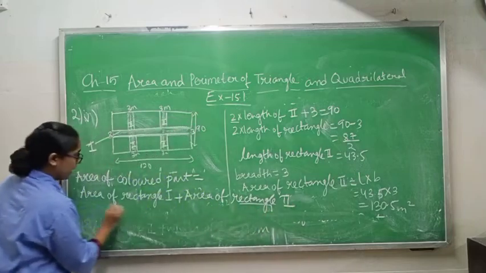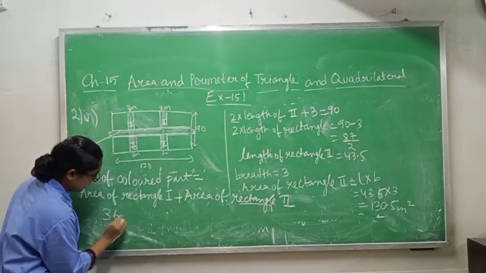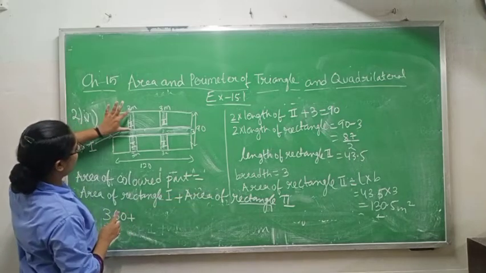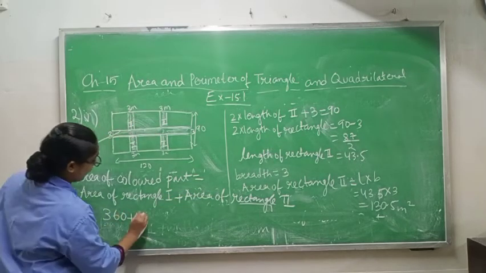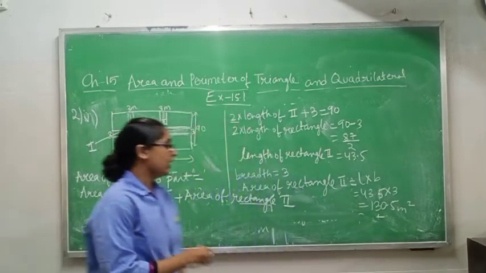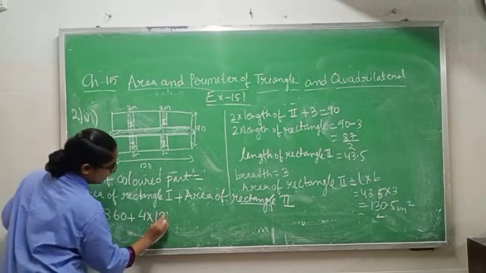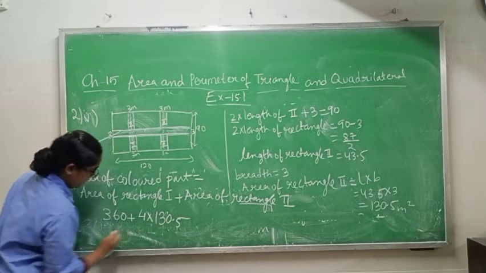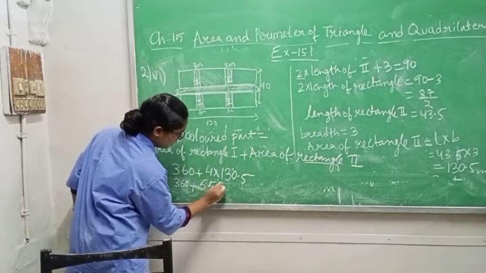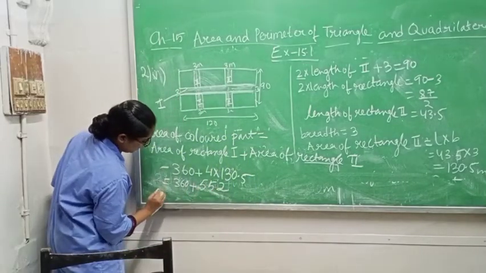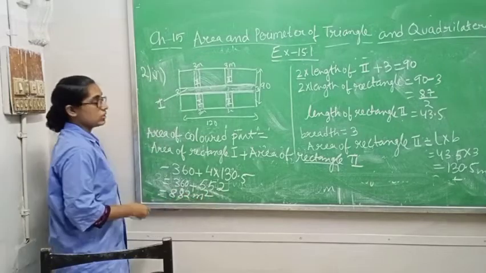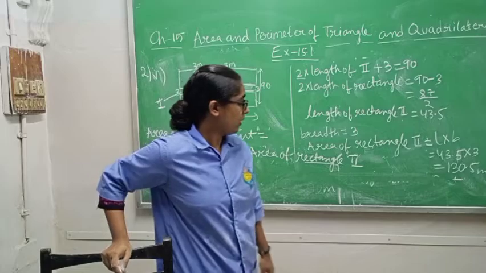So area of rectangle 1 you are getting 360 in the first line only. Area of rectangle 2: how many rectangles are there? 4. So you have to write 4 into, and area of each rectangle is 130.5. So you will write 130.5. Now when you will multiply this one, you will get 522, and when you will add this 2, you will get 882 meter square. So this is your answer. Okay, complete this one.